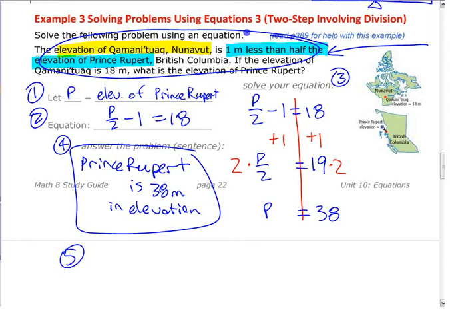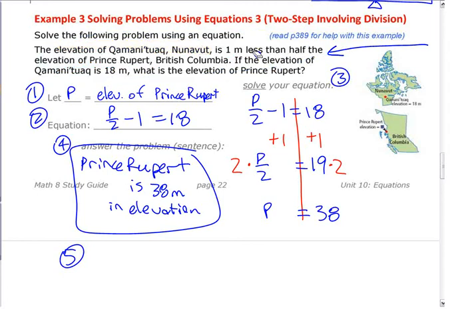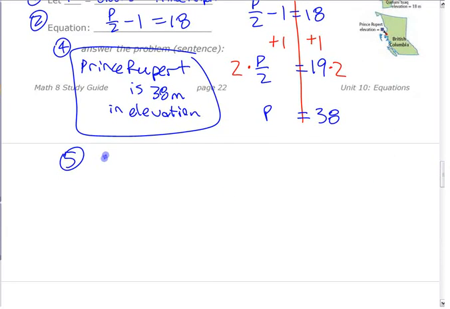If you reread the original thing, it says that this place in Nunavut is 1 less than half of Prince Rupert. You could do step 5 is check your answer if you want. If you take 38, it says 1 less than half of that. If you do half of that and you do 1 less than that, does that equal 19?